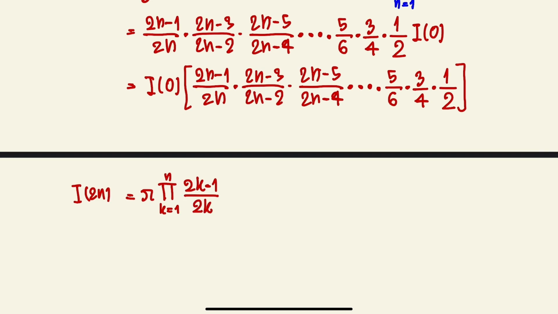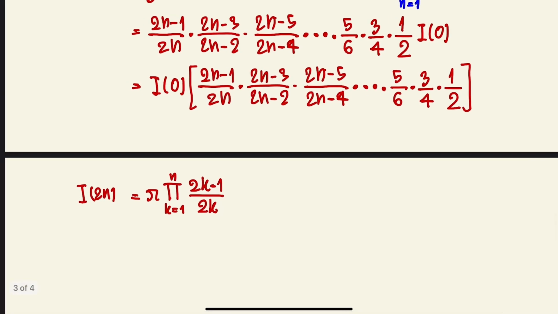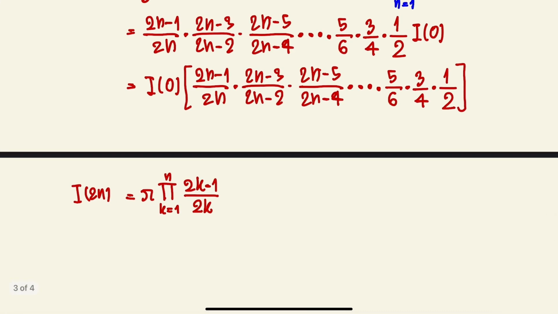This is I of 2n, for the case where the integer is even. This is equation 3.